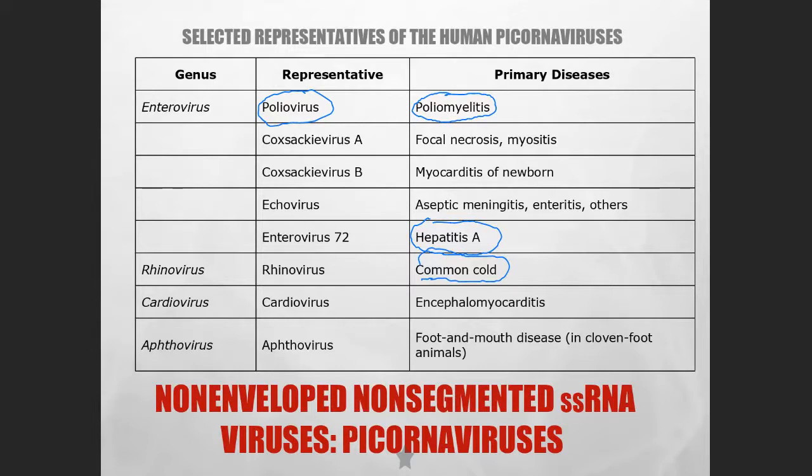Cardioviruses can also cause encephalitis and myocarditis, which is inflammation of the brain and inflammation of the heart. Aphthoviruses cause foot and mouth disease.